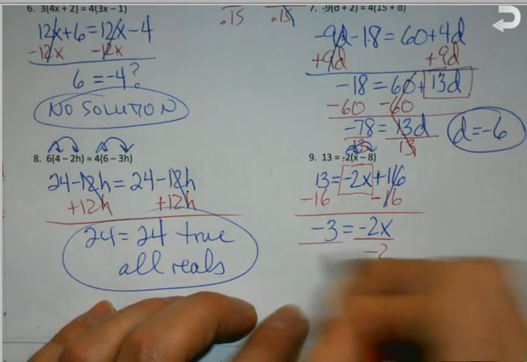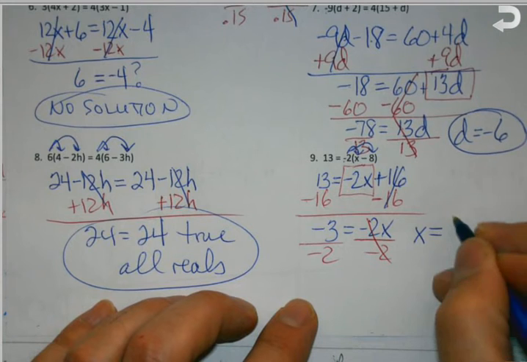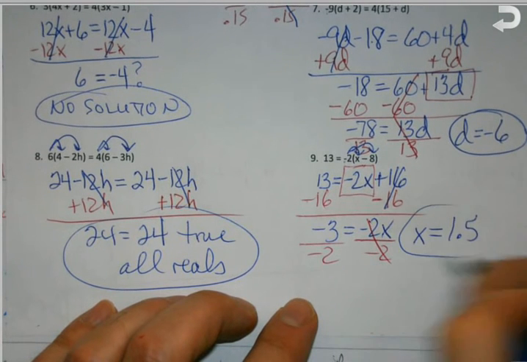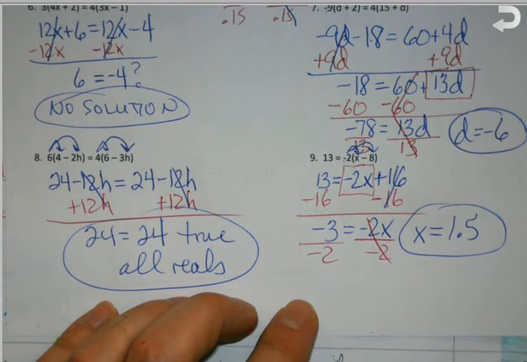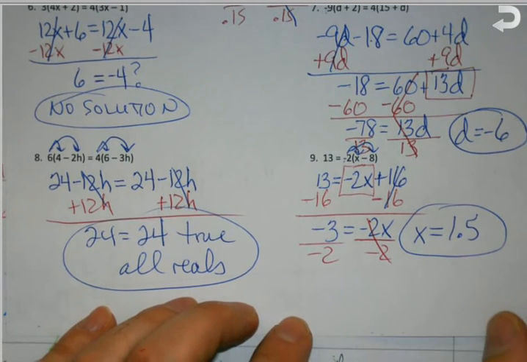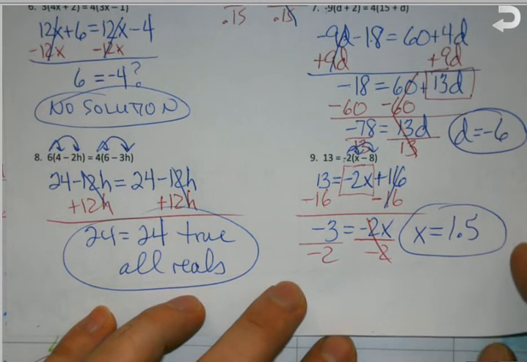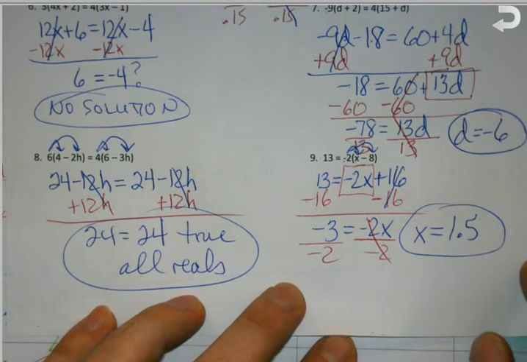Divide by negative 2. 1.5, yes. Yes, yes. Okay. So we're starting to see some patterns develop, and we're also going to start heading towards the fractional. Tomorrow. Yes.